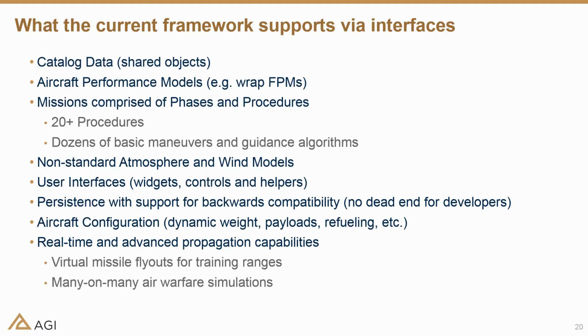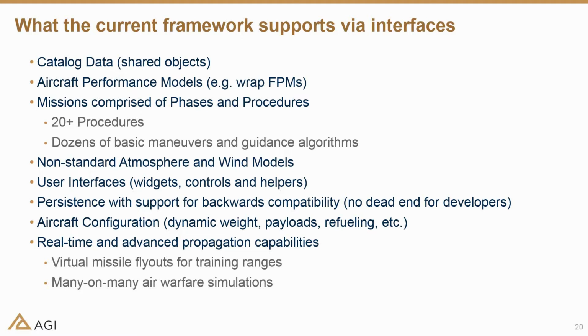It's things like waypoints and runways and things of that sort. Usually those are shared objects. So when you go to the catalog and bring one of these objects into your analysis, that's an object that's shared amongst the other objects that are running within the software.